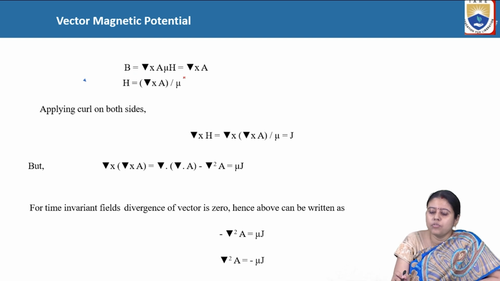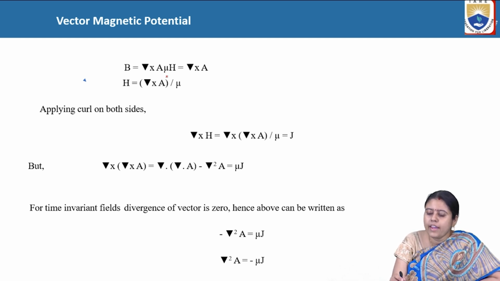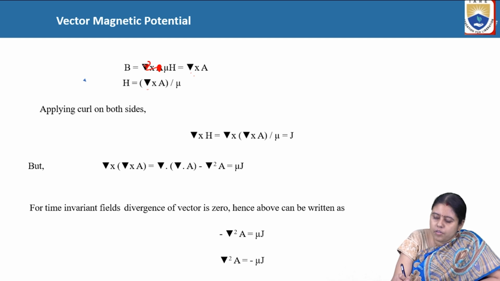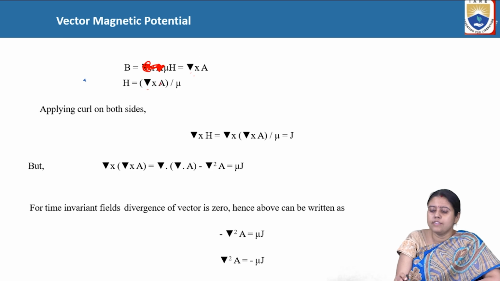So B is equal to grad cross A, and B is mu H, so mu H is equal to grad cross A. So H is equal to grad cross A by mu.